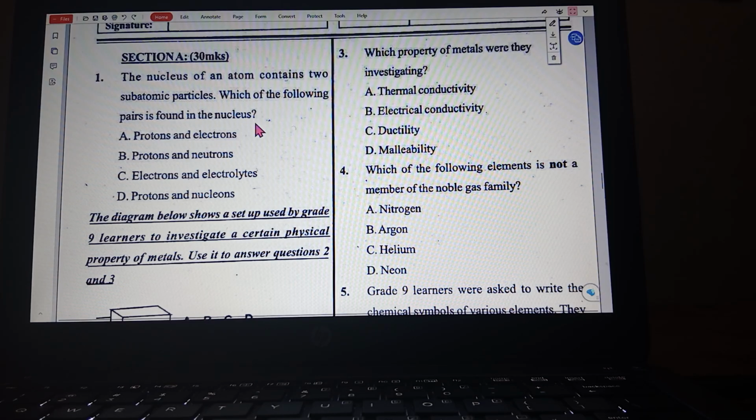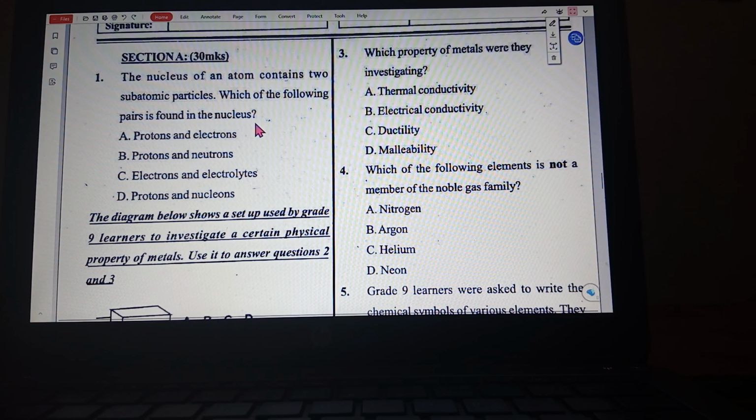Now, my good learners, remember when we were talking about atomic structure, we said that an atom is made up of three subatomic particles. These three subatomic particles are electrons, protons, and neutrons.